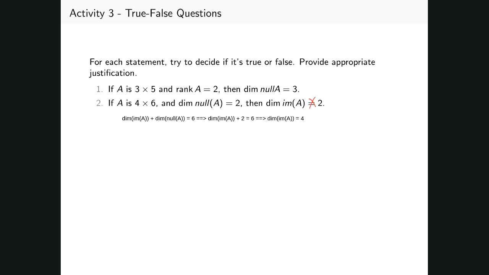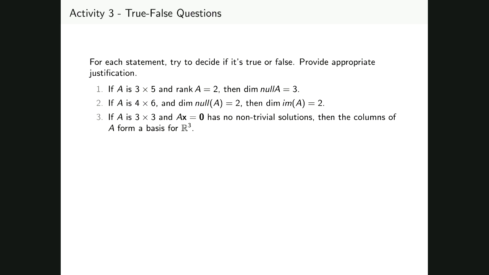Okay, let's move on to our next true or false question. If we have a 3 by 3 matrix such that this has no non-trivial solutions, then the columns form a basis for R3. So this is bringing in several ideas related to matrices, related to column spaces, related to images. So I just want to recall what's going on there.